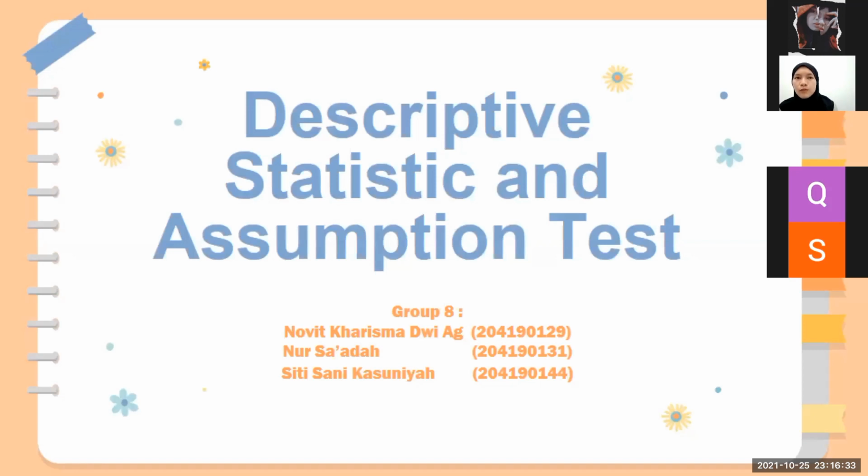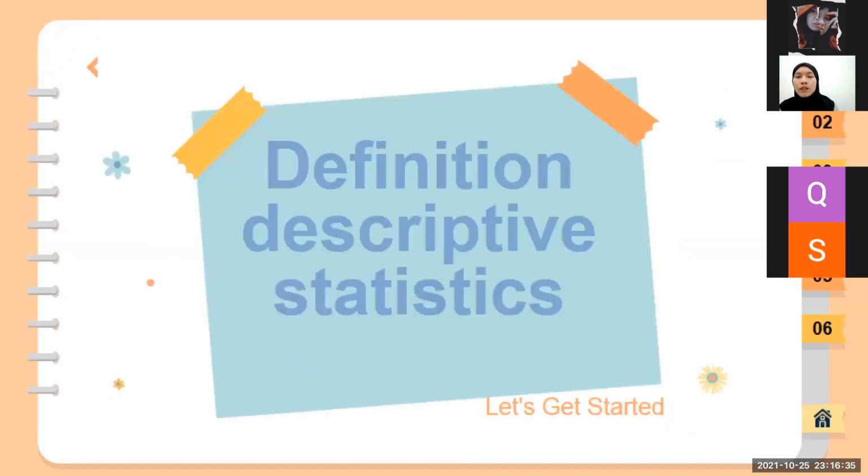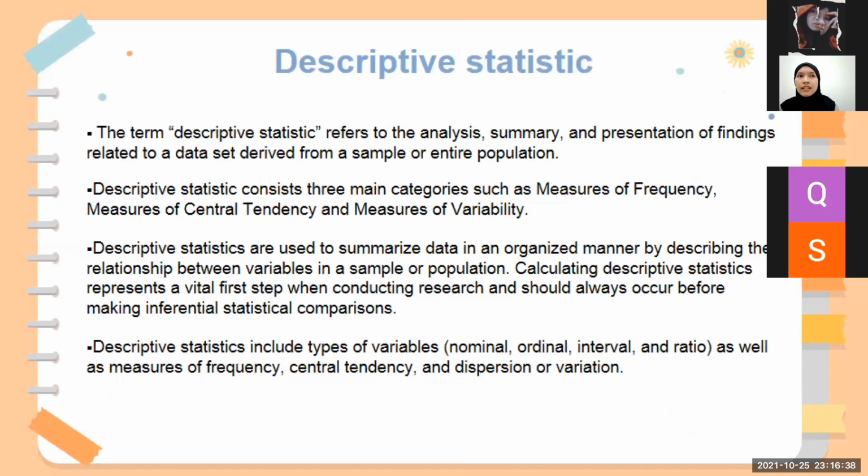Statistics is usually broken down into two categories, which are descriptive statistics and inferential statistics. Our presentation today is about descriptive statistics, which is focused on organizing and summarizing the data.